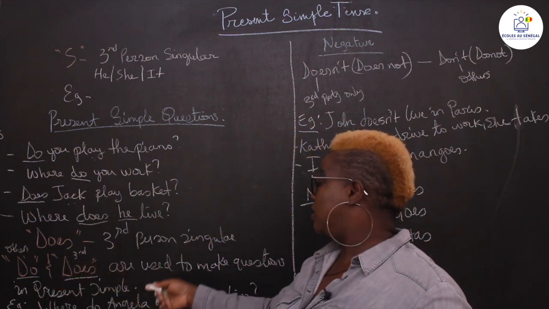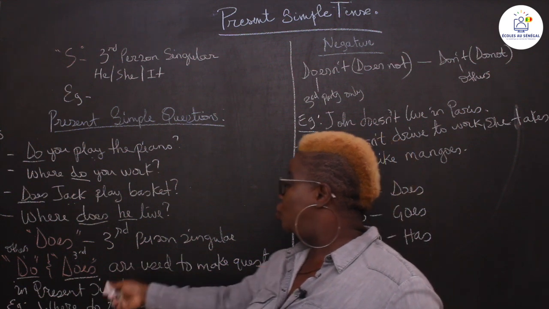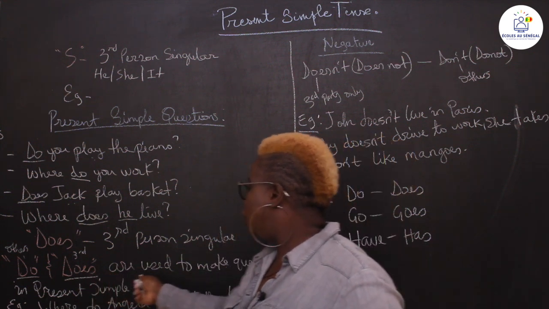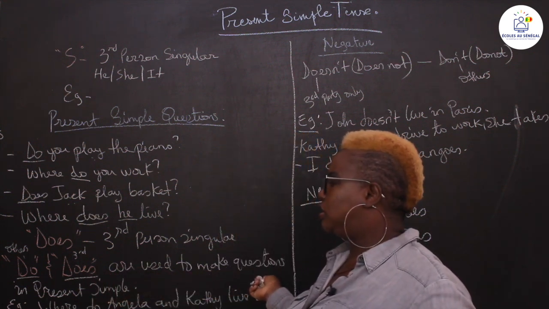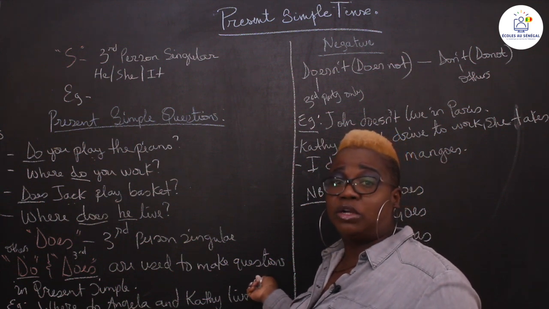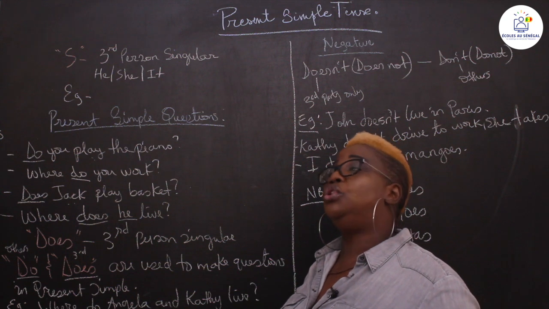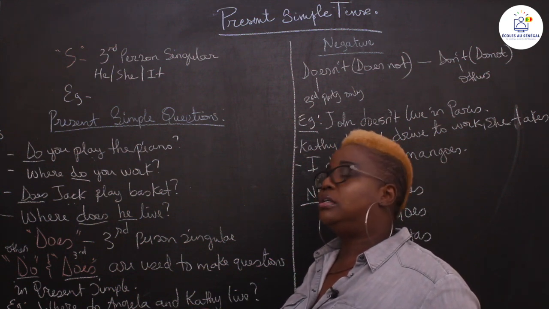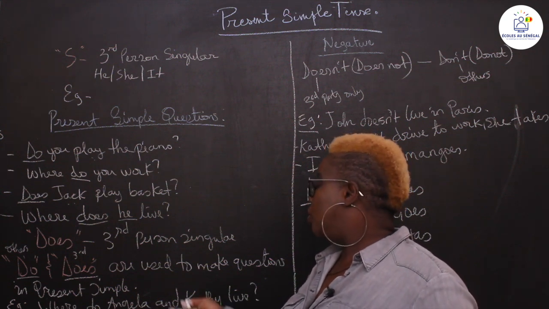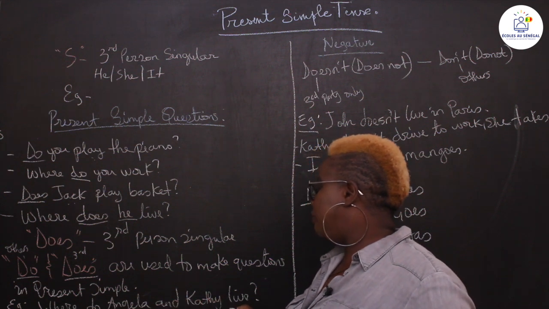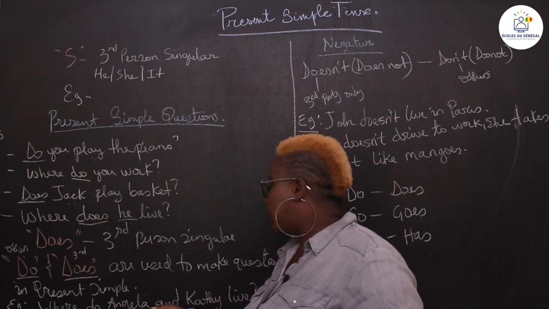So you have the does and the do. And so do and does are used to make questions. When you want to formulate a question in present simple, you use do or you use does. For example, where do Angela and Kathy live? You see, these are plural, Angela and Kathy.